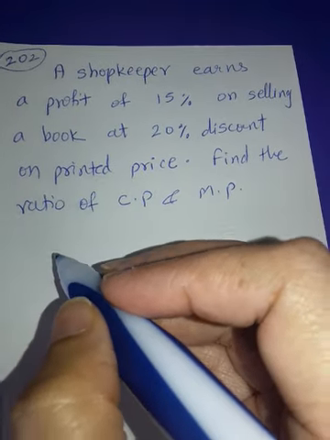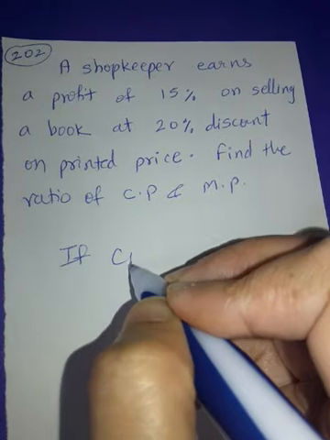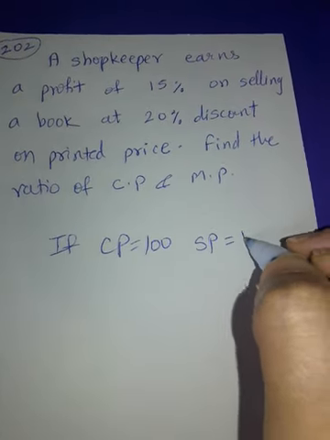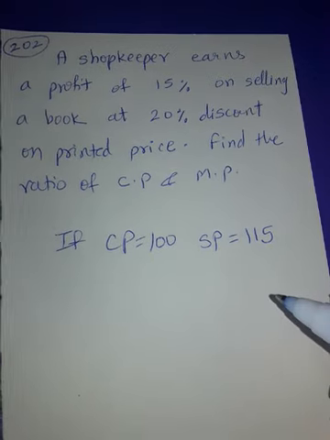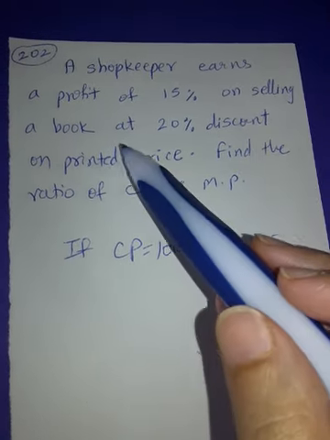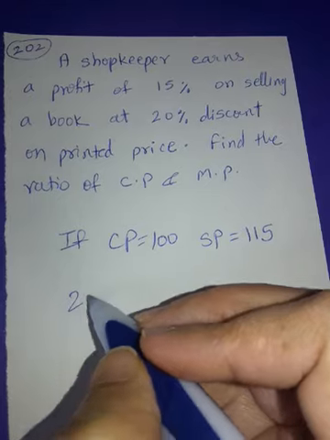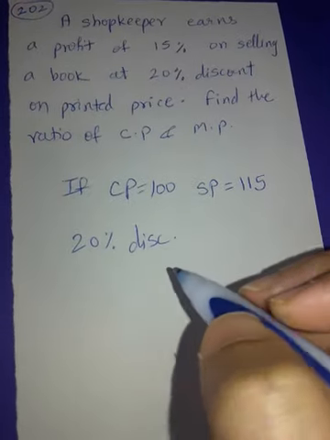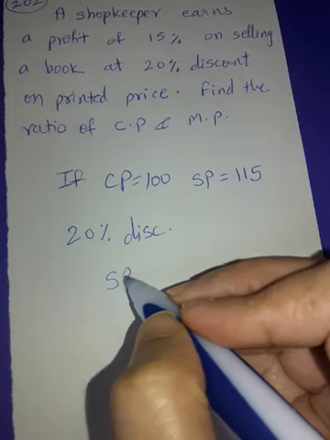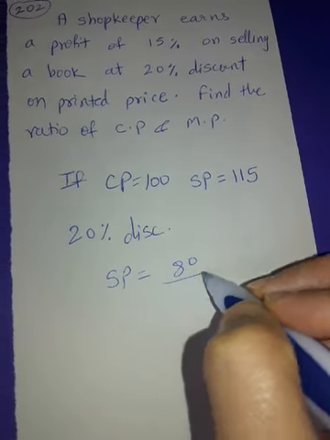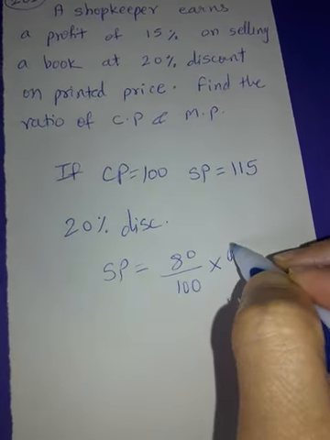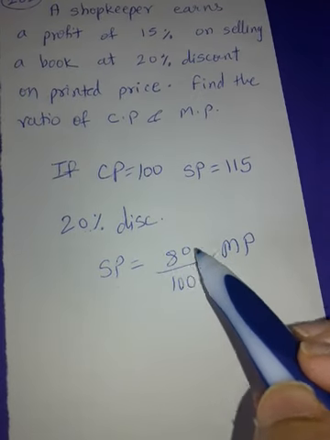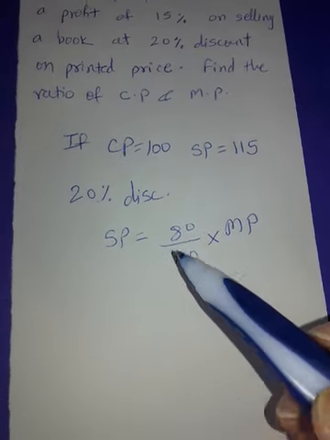Now profit of 15%. So if cost price is 100, selling price is 115. Am I right? Discount is 20%. So what is the relation between selling price and mark price? Selling price is 80 upon 100 into mark price. How do we arrive at 80? 100 minus 20.